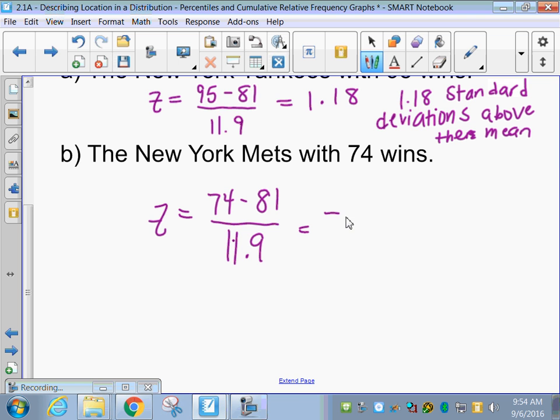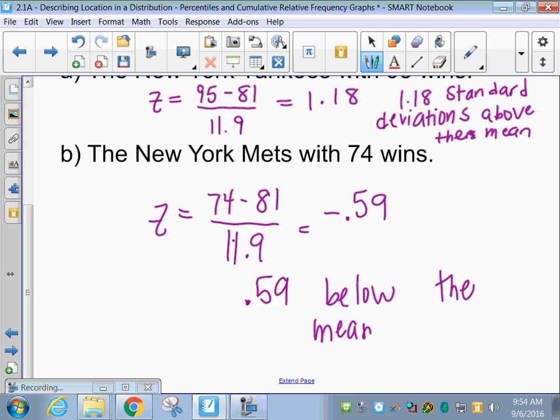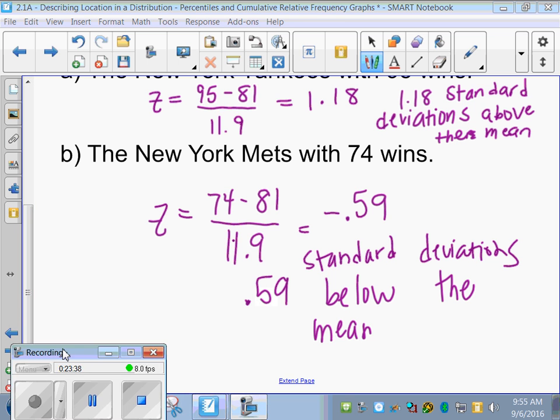So this is a negative 0.59. All right, so when you explain it, you can just say 0.59 below the mean. I should say standard deviation below the mean. All right, so that's z-score. A quick intro to it. We will do a lot more with z-scores.